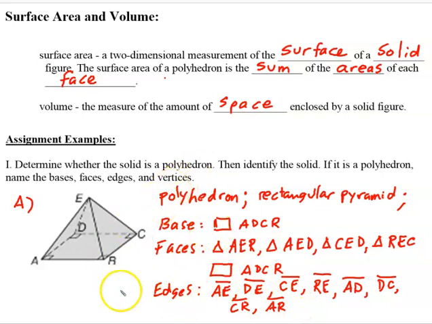And then finally, the vertices are points A, D, C, R, and E.